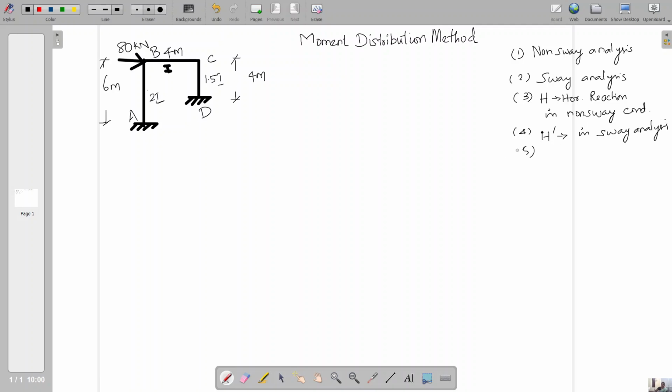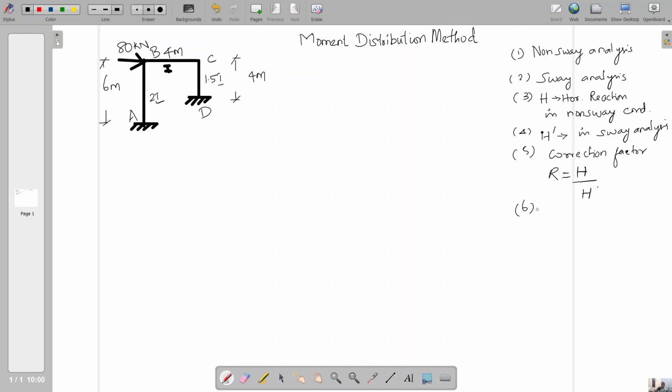Then only we can find the correction factor, that is R, which is H by H dash. That is, the horizontal reaction in non-sway analysis divided by horizontal reaction in sway analysis.